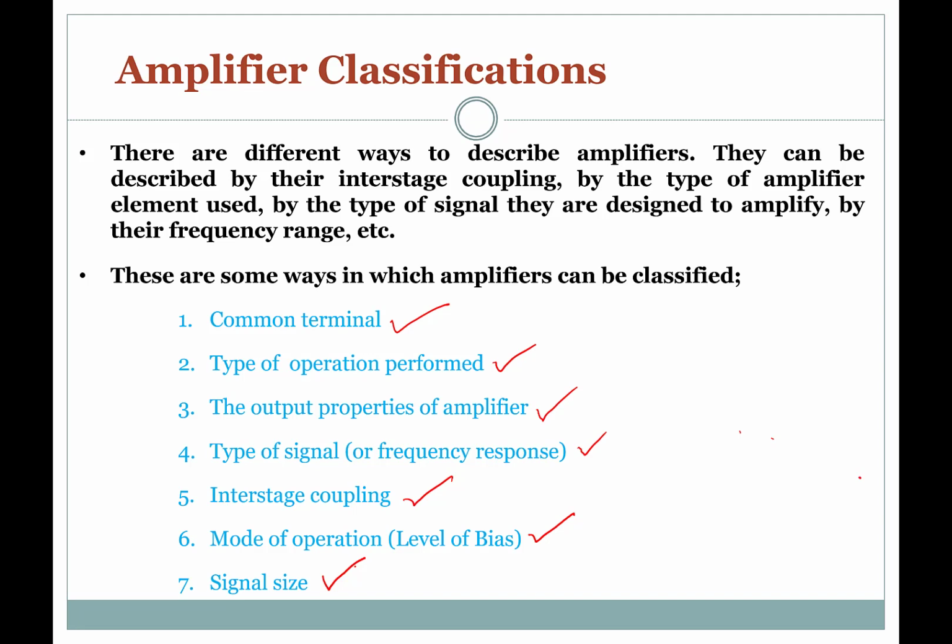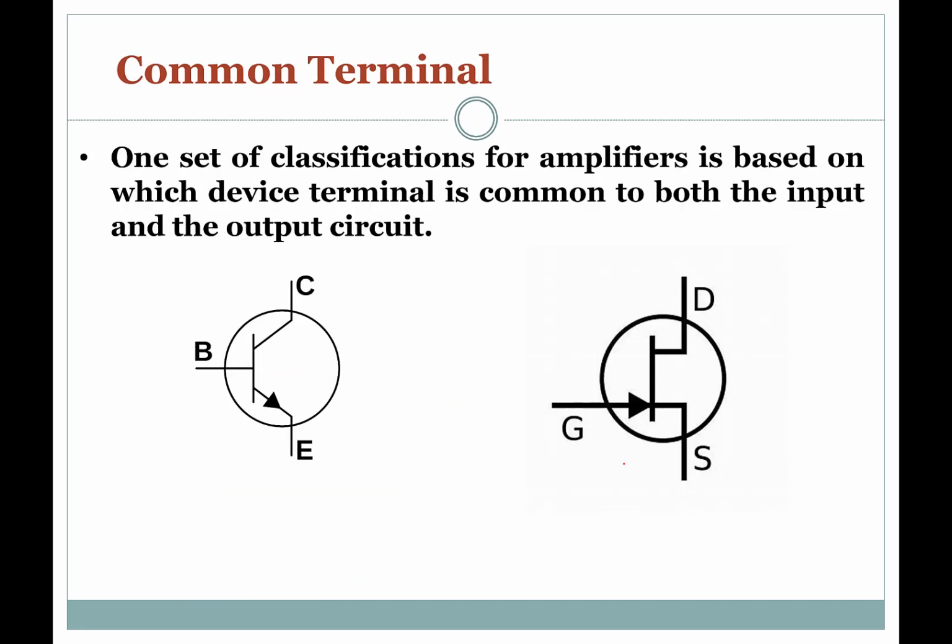So in order to move further and not spend much time here, let's quickly look at the first item, which is the classification of amplifiers in terms of their common terminals. Now, one set of classification for amplifiers is based on which device terminal is common to both the input and the output circuit. If you would remember, in electronics 1, we looked at BJTs, which is bipolar junction transistors, where we looked at the NPN and then the PNP transistor.